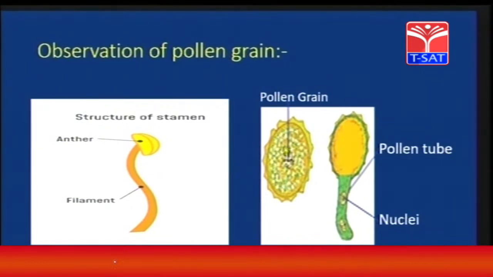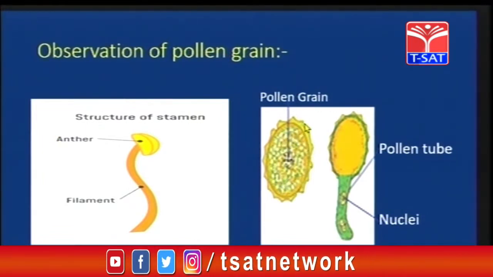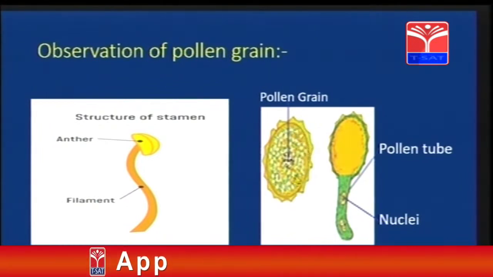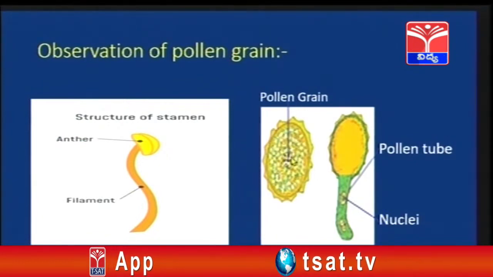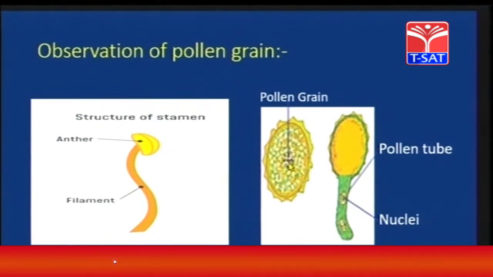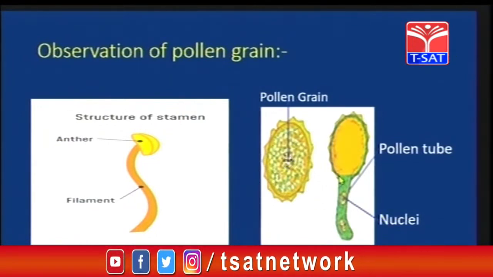Now let us observe the pollen grain. As you can see over here, this wave-like layer which is present on the oval structure, that is called as the exine, and towards the inner side this layer is called as the intine. Inside the intine we can observe the pollen grains. Now the pollen grain, after a due course of development, it develops pollen tube.